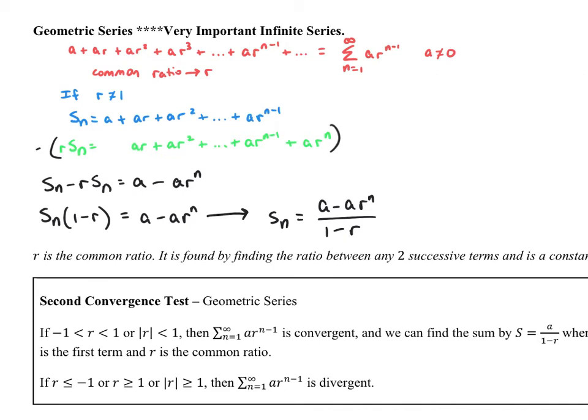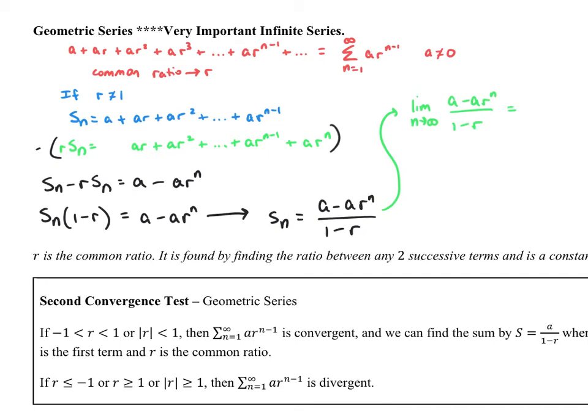Okay, so we just talked about how, when we're looking at this particular geometric series, we're focused here on n going to infinity. So let me move up here for a second. I'm going to let n go to infinity, and we're going to take a look at this particular limit, a minus ar to the n over 1 minus r.